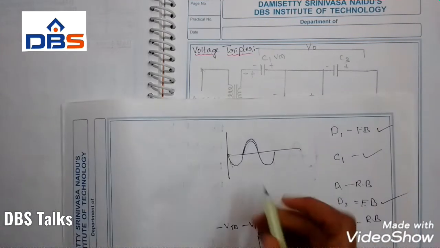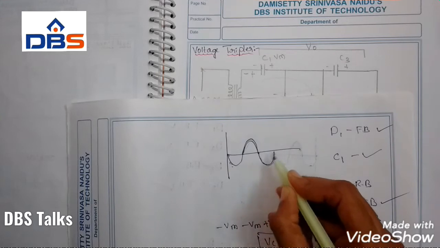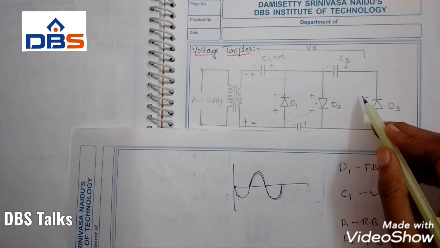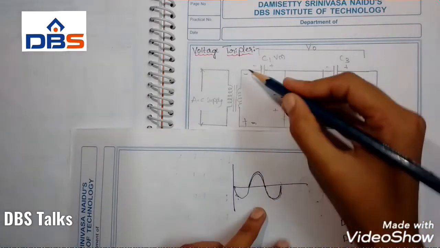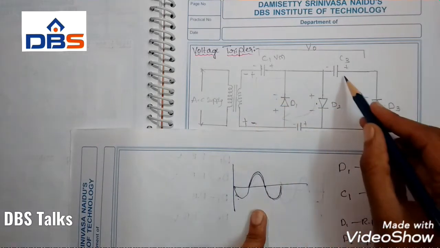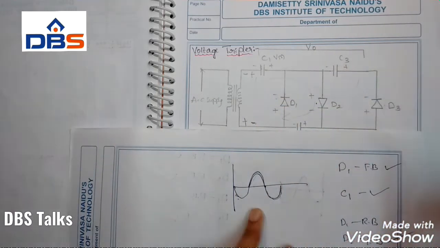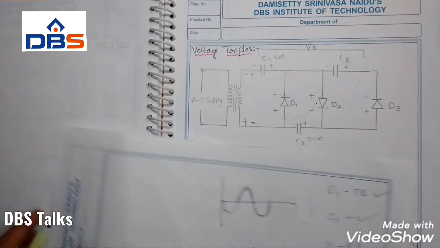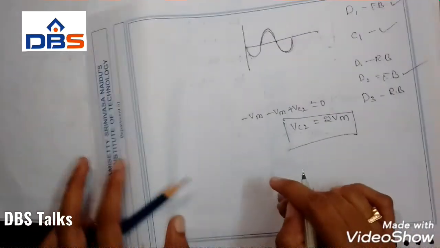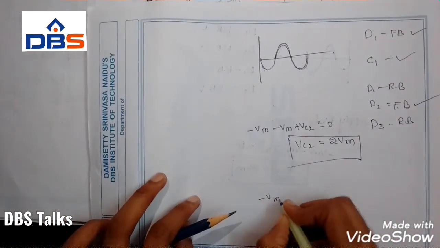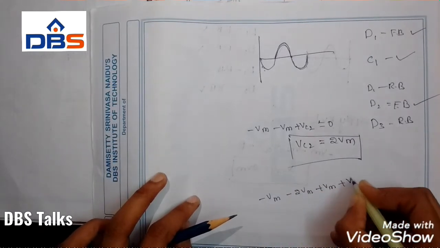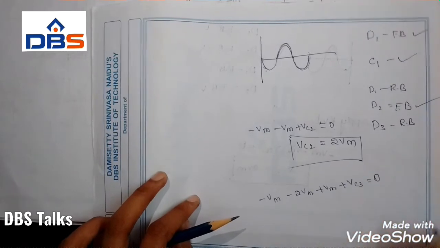Next, when I apply the negative half cycle again, then diode D3 will be in forward bias and current flows through it. Negative means this one, minus and positive, and the current flows through like this. Capacitor C3 will be charged. If I apply KVL, then we will get minus Vm minus 2Vm plus Vm plus Vc3 is equal to 0.